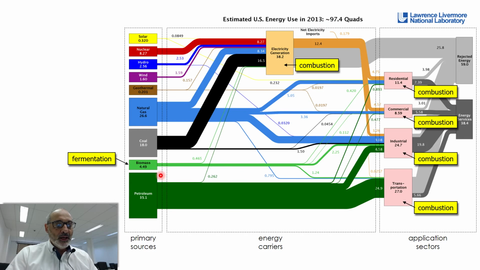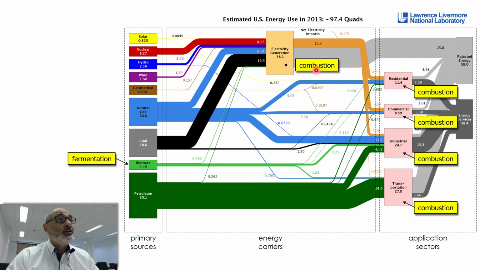And if you look at where in these boxes you have important reactions, here, for instance, in converting biomass to some energy carrier, it can be electricity. I don't know if you can see the line here. This is electricity, or biomass being used as a feedstock for electricity generation.